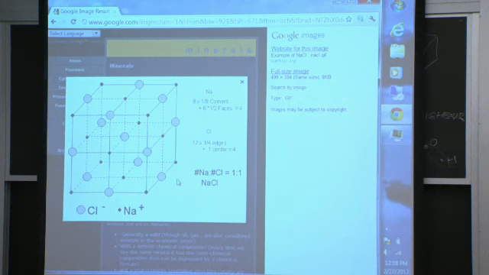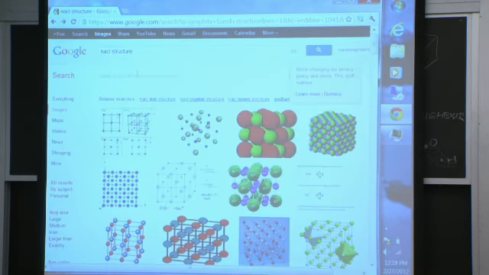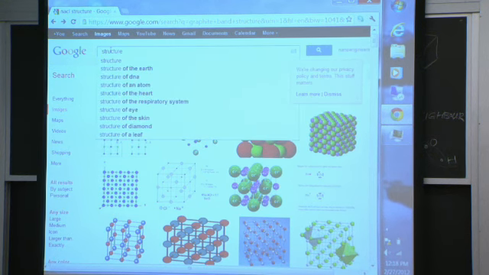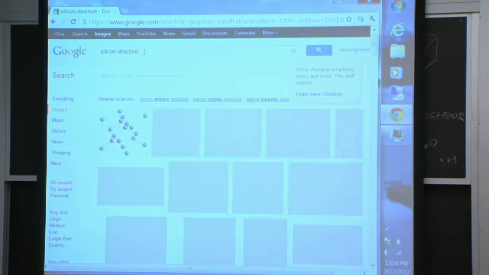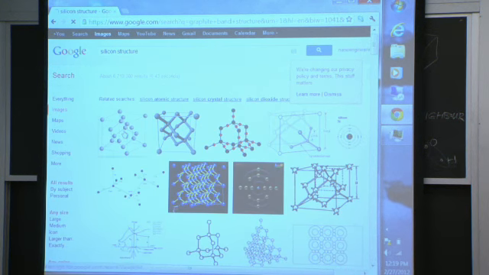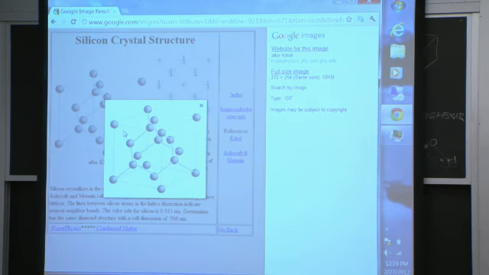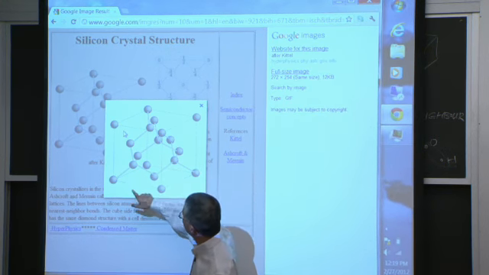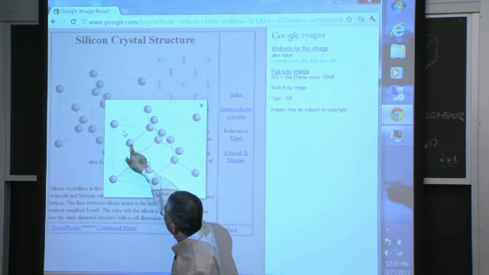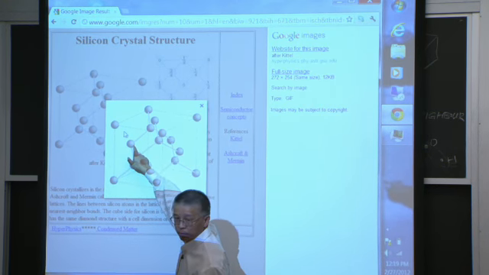And look at the silicon structure. If you look at the silicon crystal, what you have here, again, is a face center.